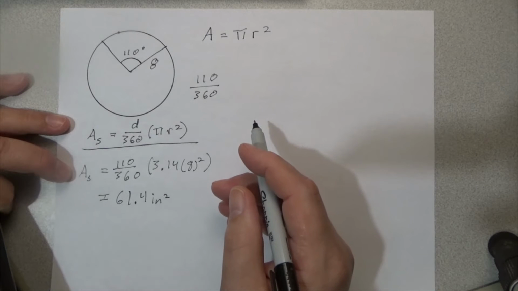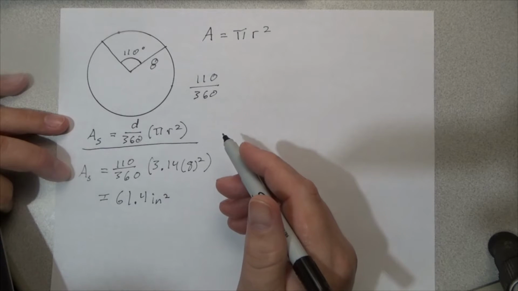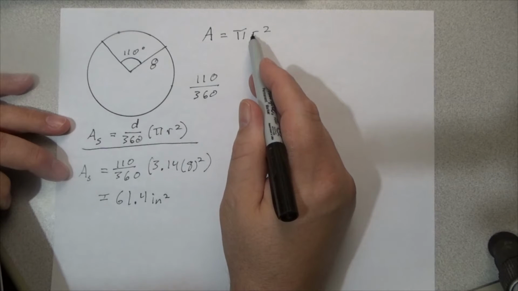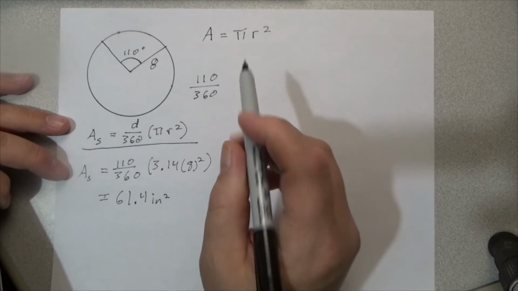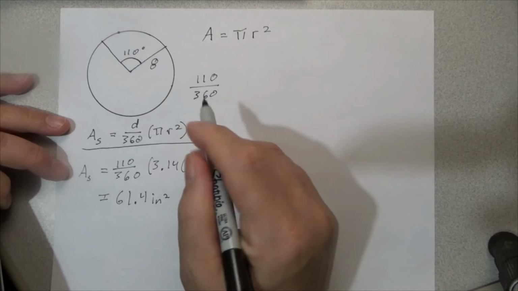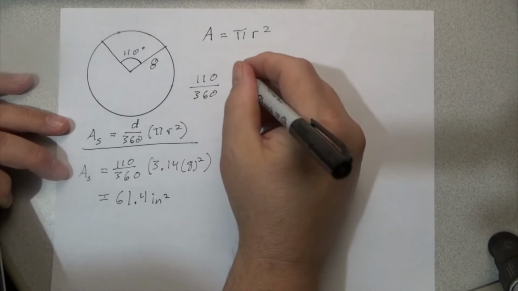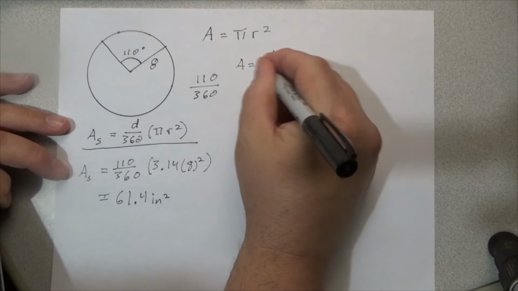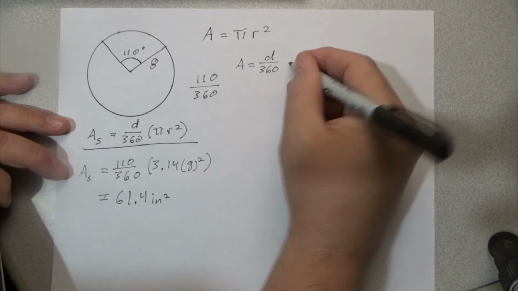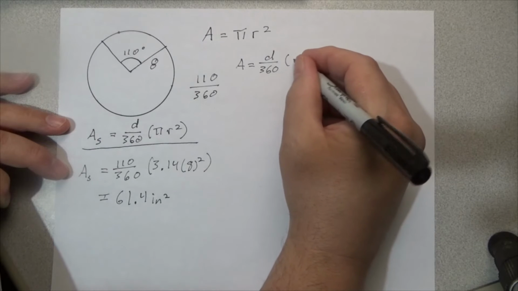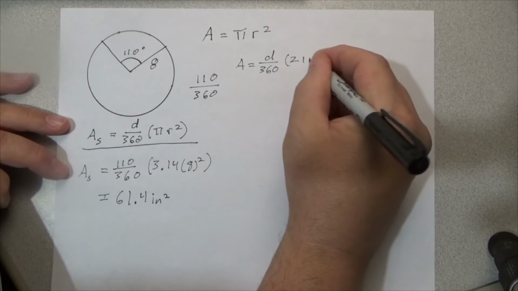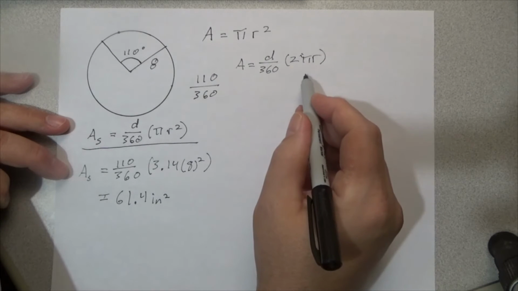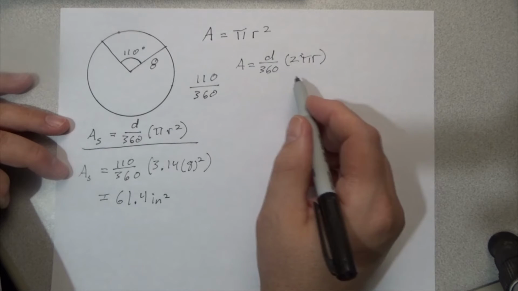Now this is a very similar use of the area of a circle as when we were finding the circumference. Remember when we had to find an arc length? An arc length was equal to the degrees divided by 360 times the circumference of the circle, which was 2 pi r. So this is the same thing.